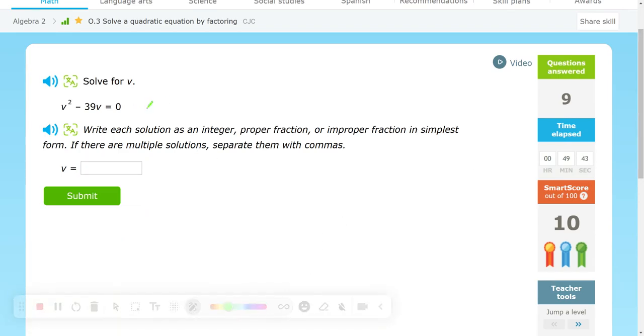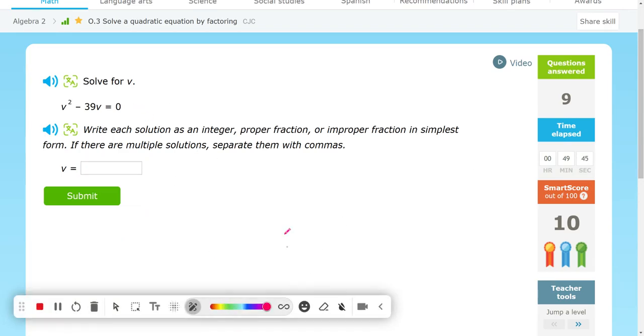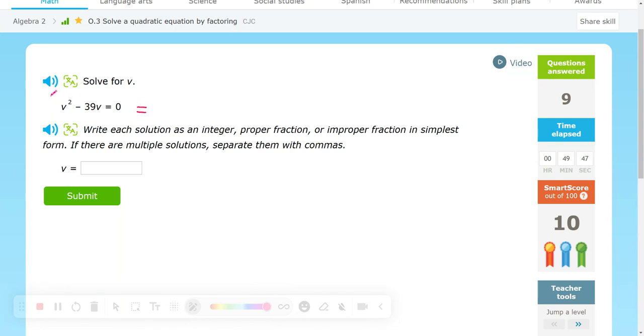Similarly, you can see V squared, which is V times V. And then in the back of here, you got subtract 39V. So V and V is a common thing, so I would factor out the V. So V squared, if you factor out the V, then you have the V left.